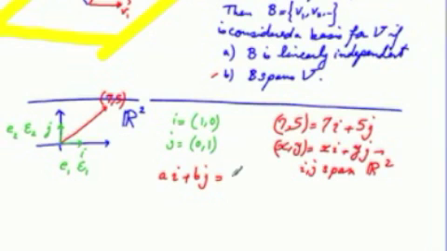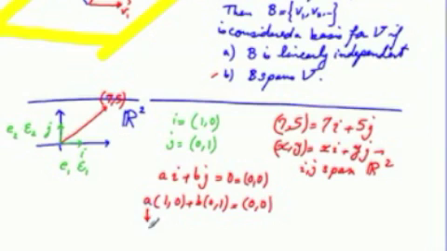How can I make 0 out of this? 0 means 0, 0. Well, this is A times 1, 0, and this is B times 0, 1. If I want to insist for the total to be 0, 0, what would A be?